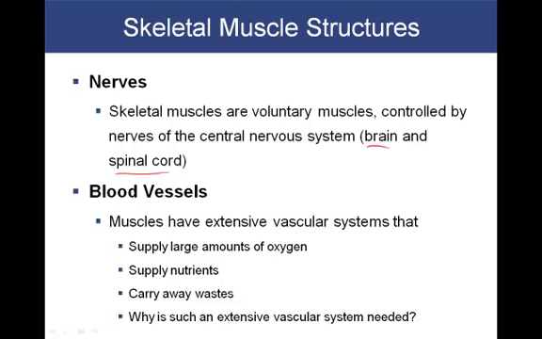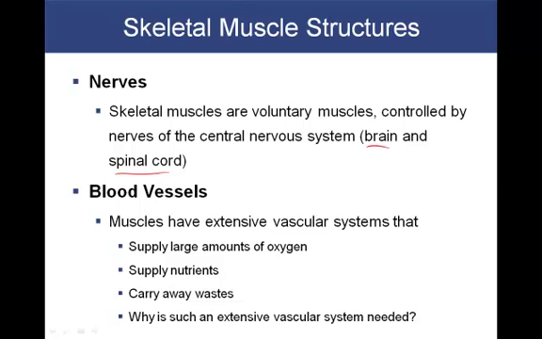What type of waste products would we expect? Well, we're going to have any of the waste products associated with aerobic metabolism, such as carbon dioxide, but we also have waste product removal related to other types of metabolism that we'll discuss later in this module. And those waste products are associated with anaerobic metabolism, without oxygen.